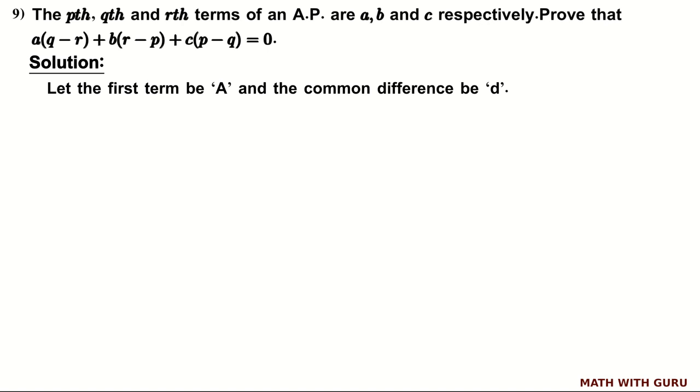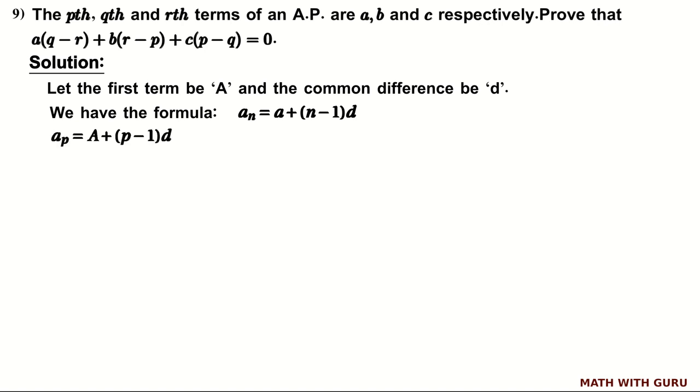Let the first term be capital A. To avoid confusion, I am taking the first term as capital A and the common difference be D. We have the formula a n equals A plus n minus 1 into D. Therefore, a p equals A plus p minus 1 into D, which implies a equals A plus p minus 1 into D.